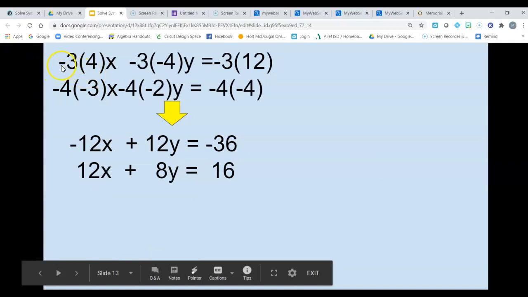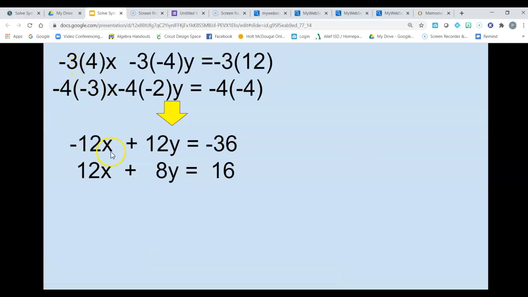It gives me negative 3 times 4 is negative 12. Negative 3 times negative 4 is positive 12. Negative 3 times 12 is negative 36. Here's negative 4 times negative 3. That gives me 12. Negative 4 times negative 2 is 8. And negative 4 times negative 4 is 16.